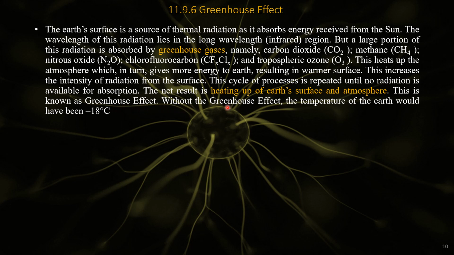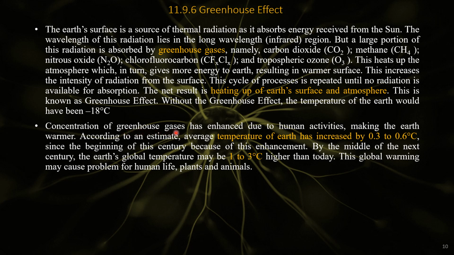Without the greenhouse effect, the temperature of Earth would have been minus 18 degrees Celsius. So we are having more temperature varying from season to season.